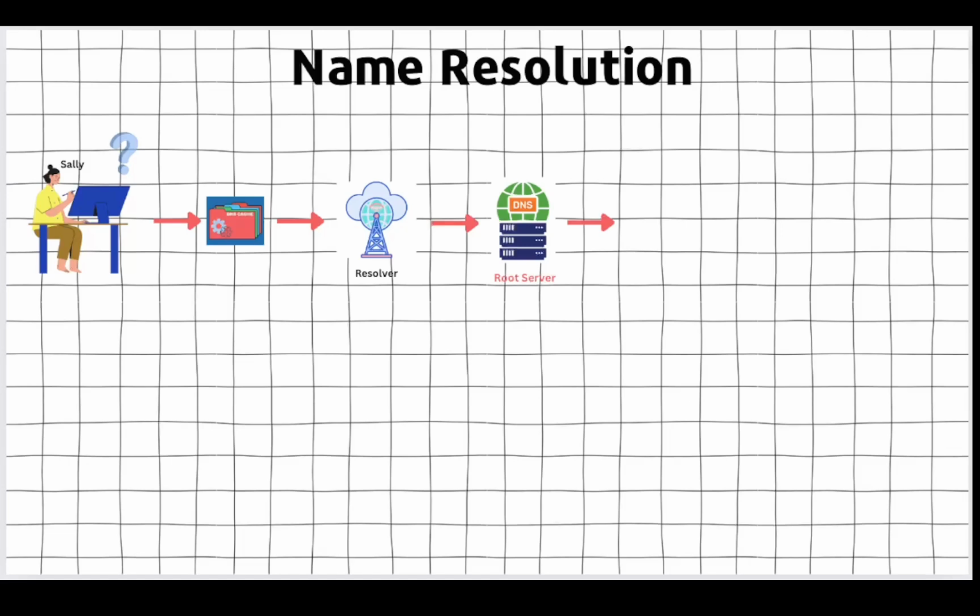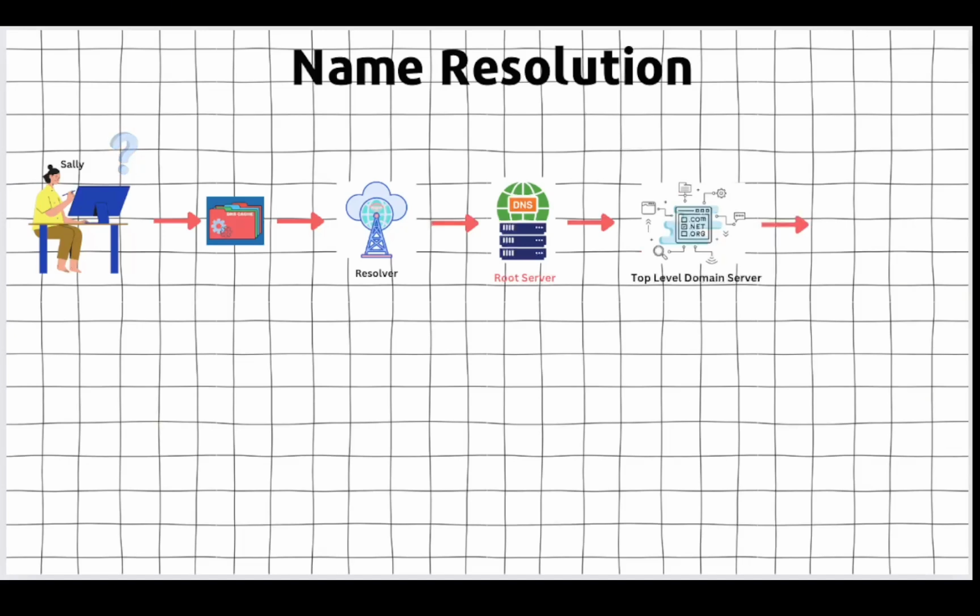The root server itself doesn't know the IP address of the web page, but it knows where to direct the resolver for a particular domain. For example, you have said www.google.com. It knows where it needs to redirect queries for a .com domain, so it will redirect the query to a top level domain server.